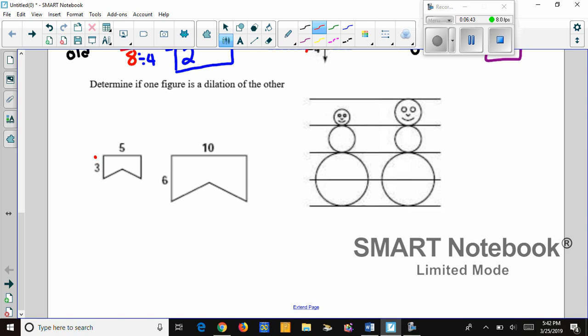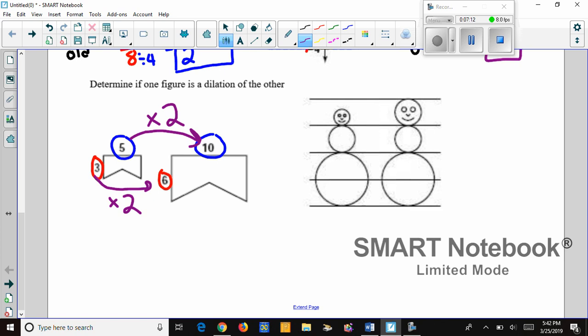If we look at the 3 and the 6, I want to figure out if they are changing by the same factor as 5 and 10. Well, as we notice, to go from 3 to 6, we could just multiply by 2. From 5 to 10, we can also multiply by 2.